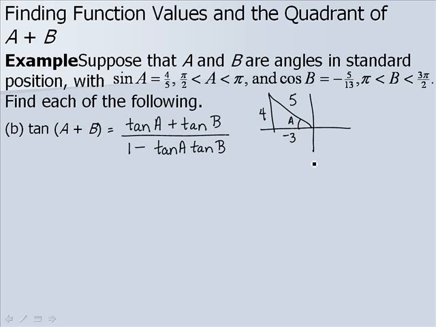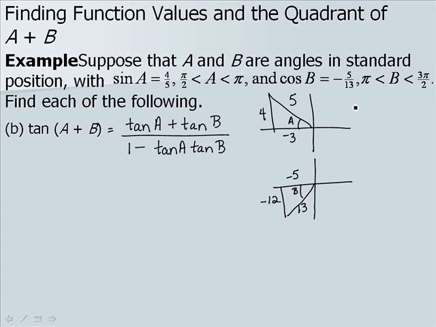Now if we do the same with b, b was in quadrant 3, and we have cosine, which is negative 5 over 13, and we know with our Pythagorean triples, or we've found that the sine was negative 12 over 13, so we know that this value is negative 12.